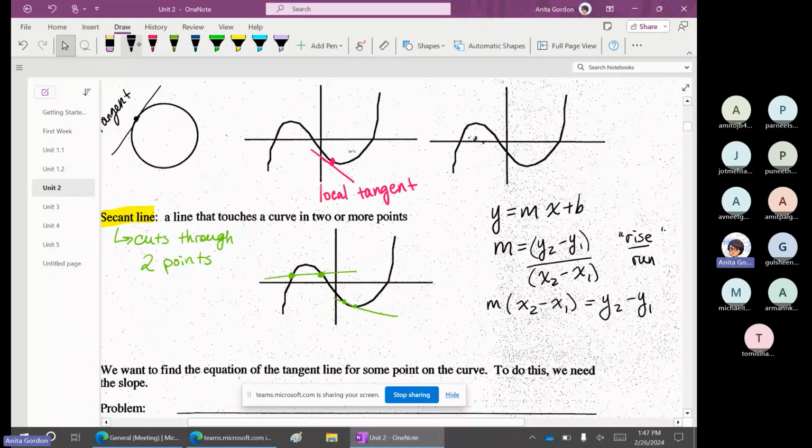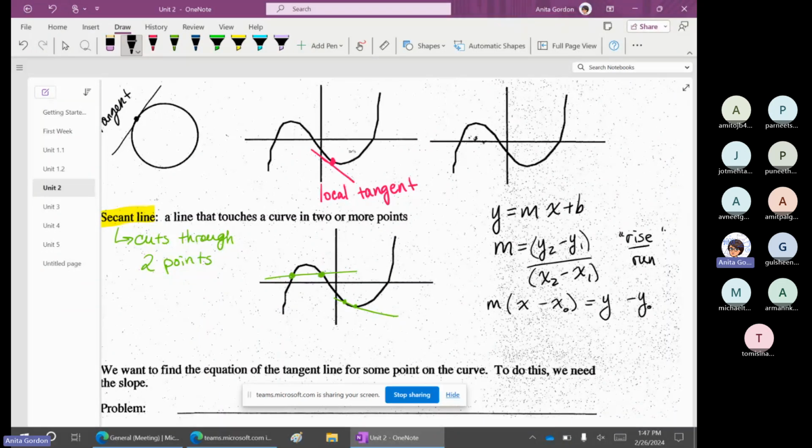And I could say, hey, you know what? Instead of y2 and x2, I'm just going to call them a random x and y because I can choose any point. And instead of x1, y1, I'm going to call those x naught, y naught. So a little circle. You can think of it as the original point. I'm going to use that as my base point.